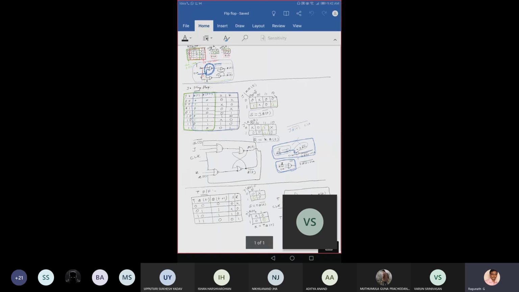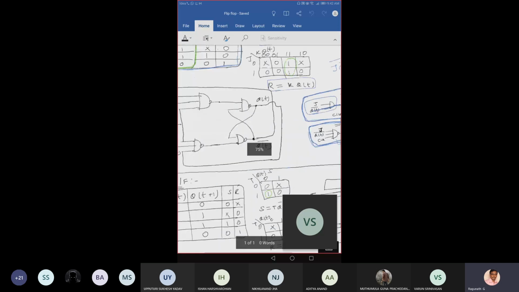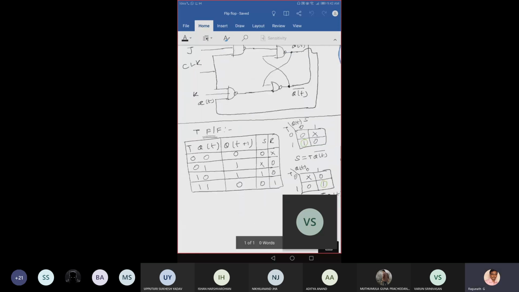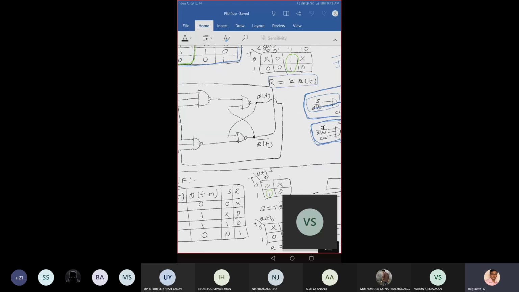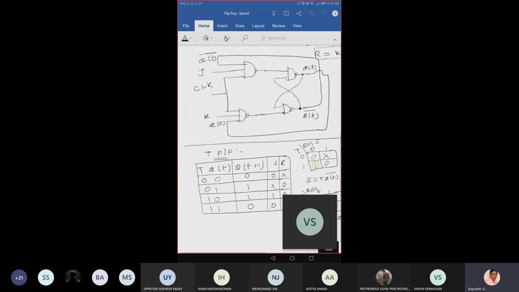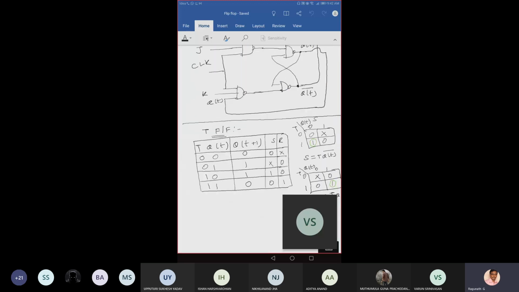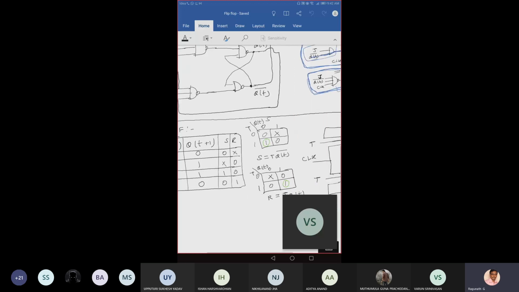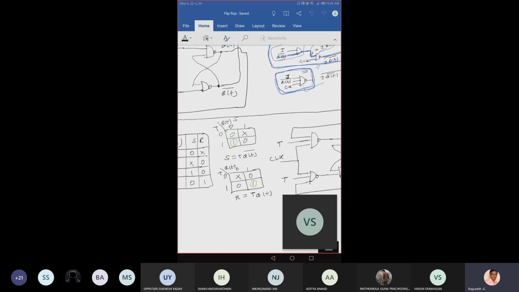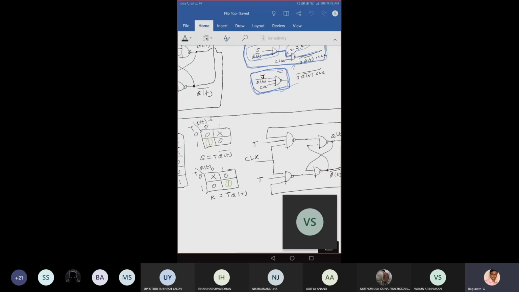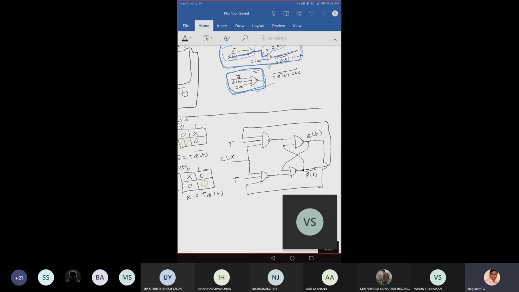Here I have shown the circuit. First we have to write the characteristic table of the T flip flop, then the excitation table of the SR flip flop. Then you should simplify it using the K-map. After simplifying, you will get the expression. Then you can easily draw it, because I already have SR. So by using SR, you can do it.